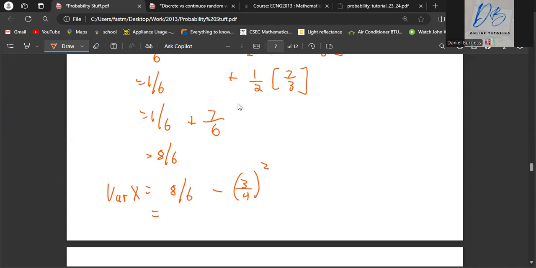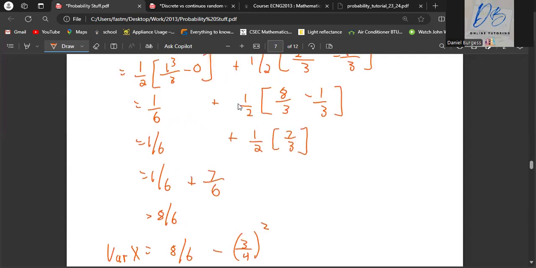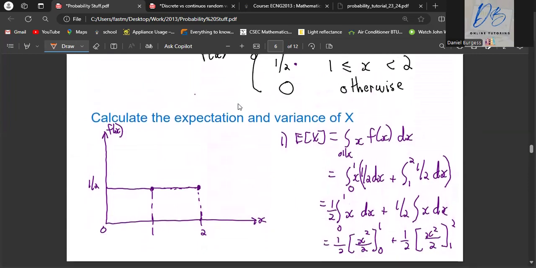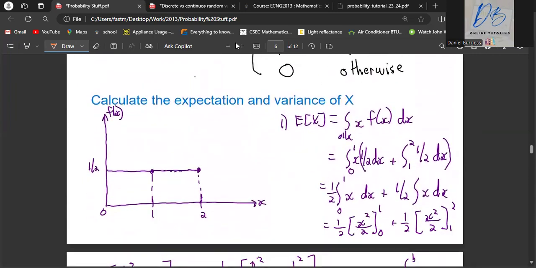And the calculator gave 37 on 48 as the variance. Right? So with that said, let's calculate the expectation and the variance of x for continuous theta.